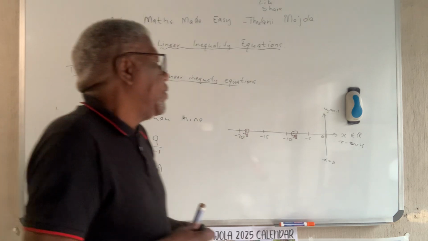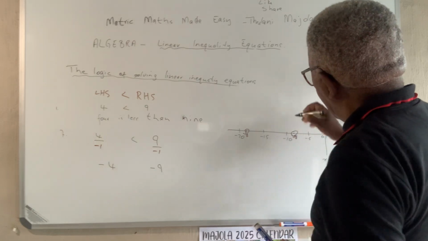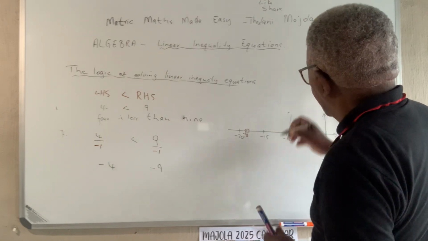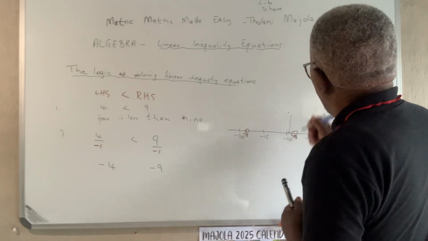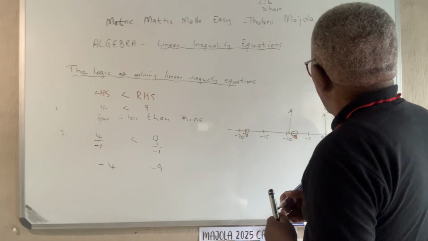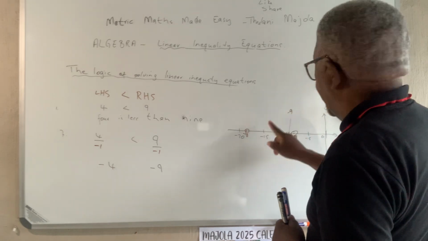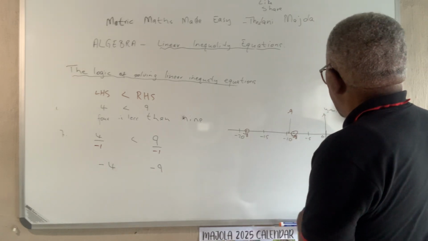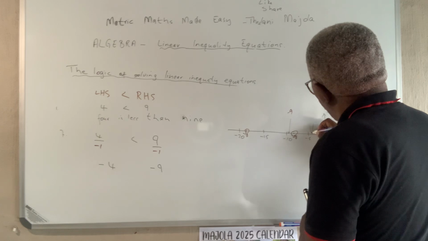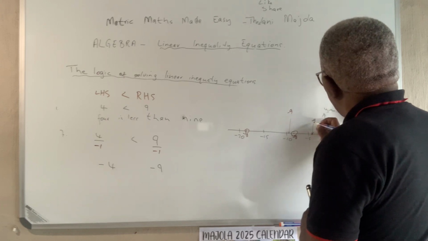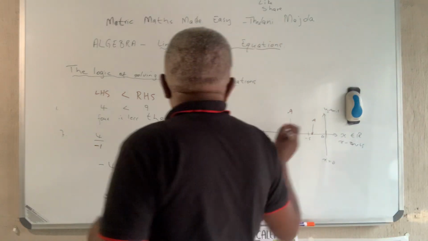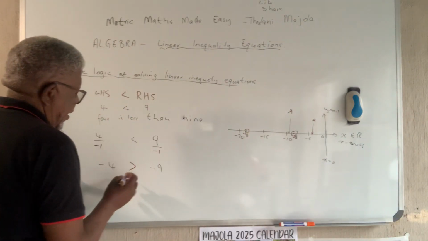Similarly, you can see that negative 9 will be somewhere here. And then our negative 4 is somewhere here next to 5. We've got negative 4, and you can see negative 4 is greater than negative 9. So negative 4 is greater than negative 9.